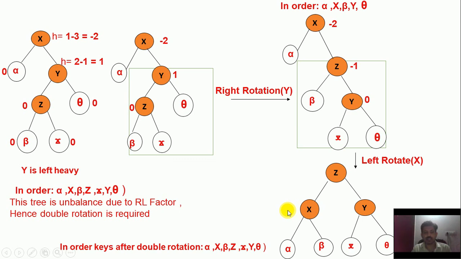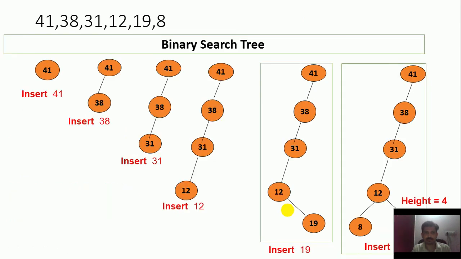So now we will do an exercise. So these are the keys. If we make the binary search tree of these keys, then our tree will be like this. You can see that after insertion of node 8, we are getting height 4.